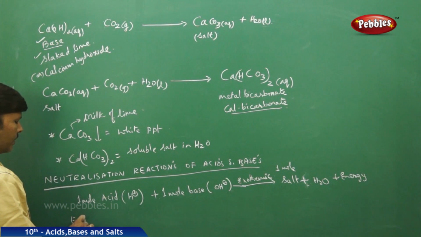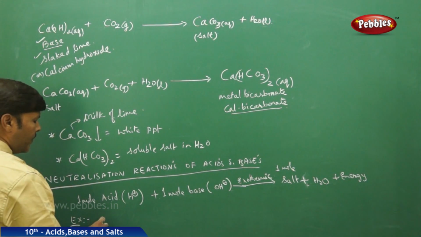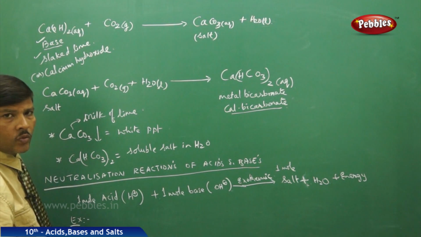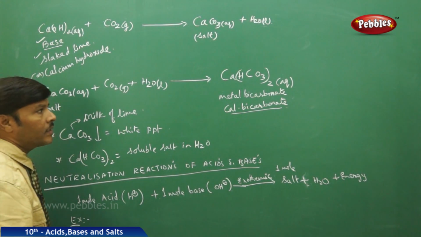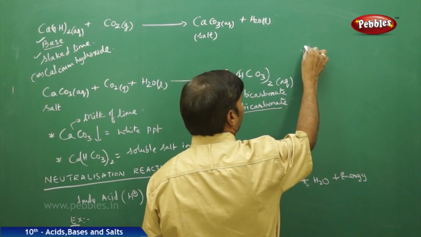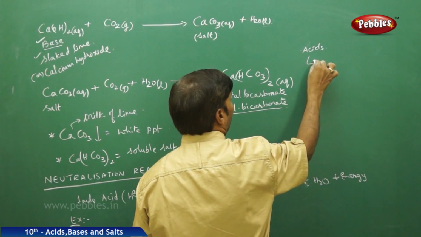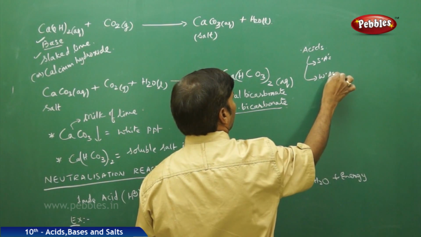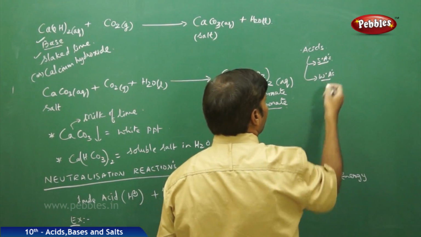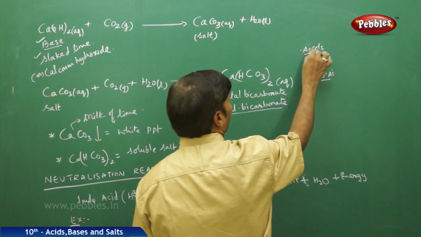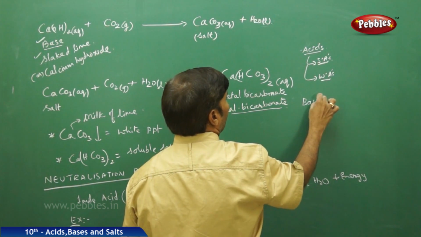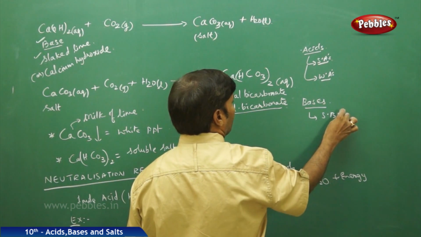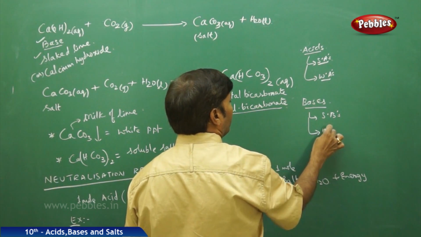Take one example for neutralization reaction. Generally here we take acids and bases, and you can take different combinations: strong acids and weak acids, strong bases and weak bases. Acids are of two types, strong acids (SA) and weak acids (WA).